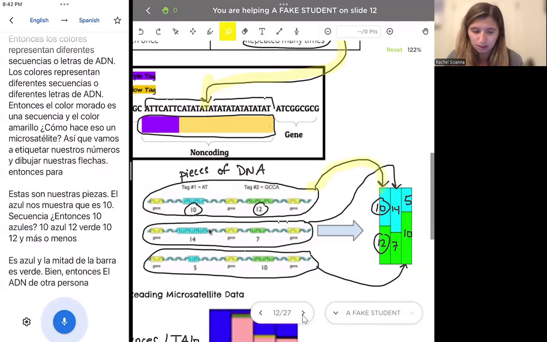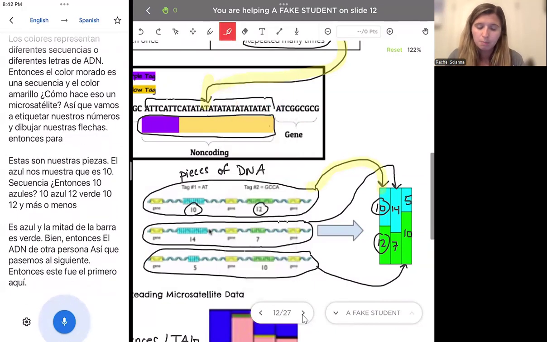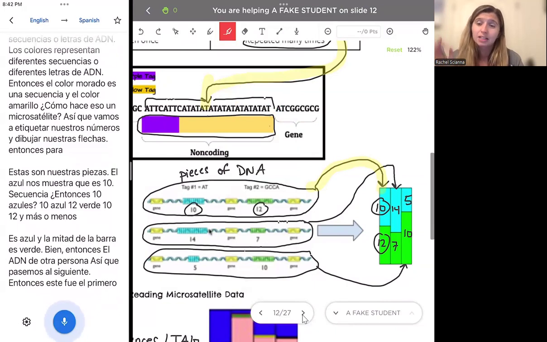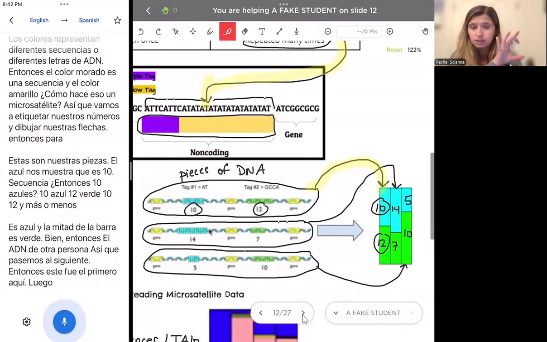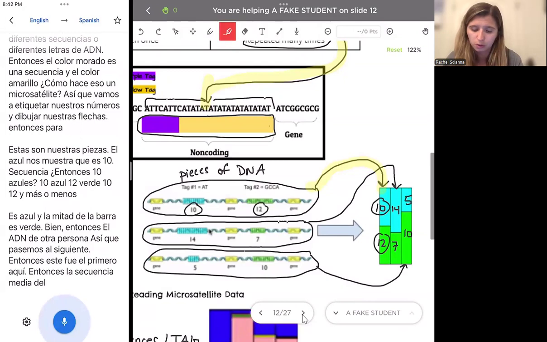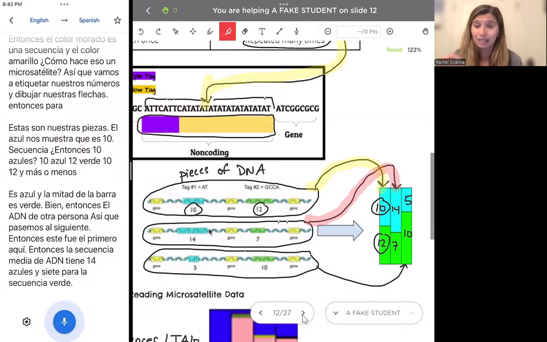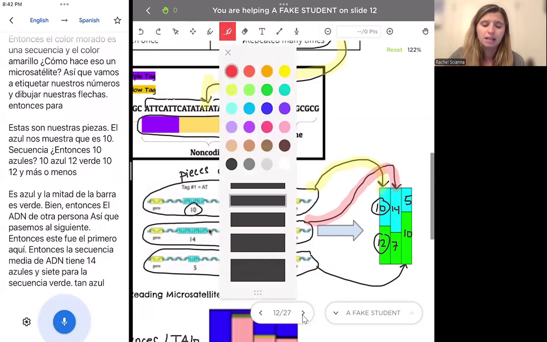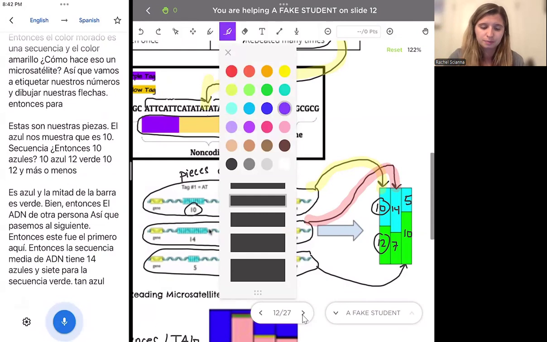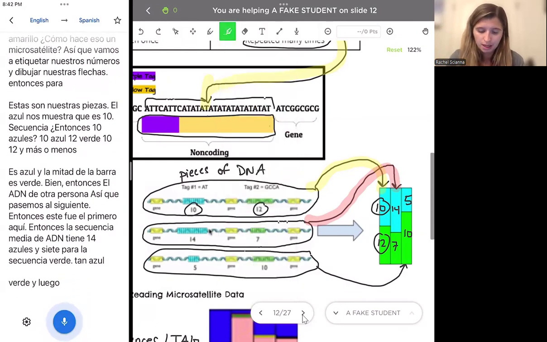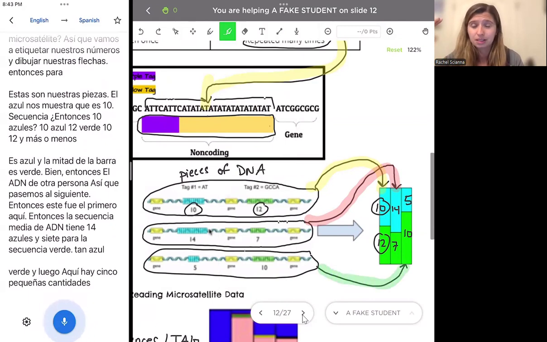So this was the first one here. The middle sequence of DNA has 14 blue and 7 for the green sequence. So blue is much bigger than green. And then our last person's sequence here is 5 blue, a small amount of blue sequence, and 10 green, a big green sequence.